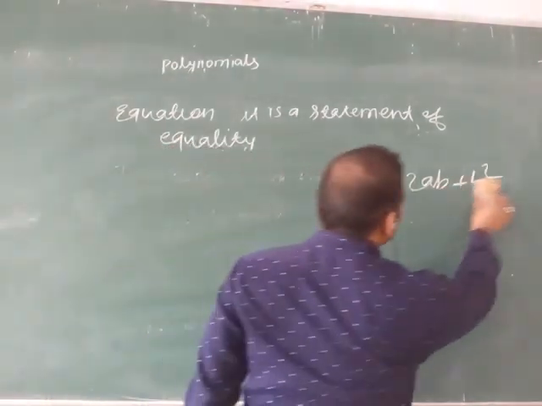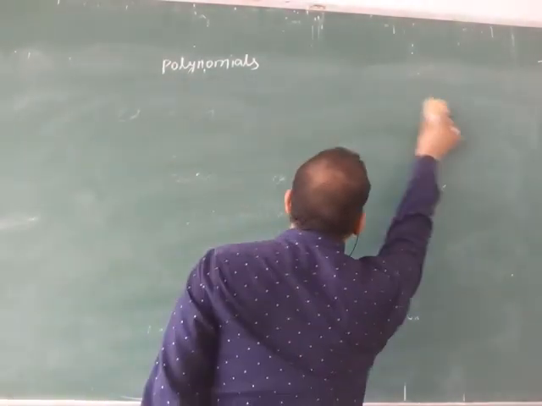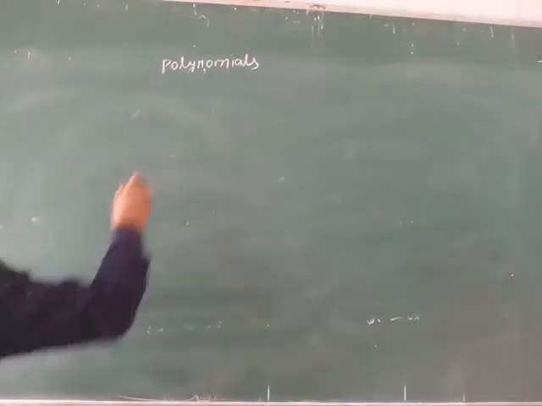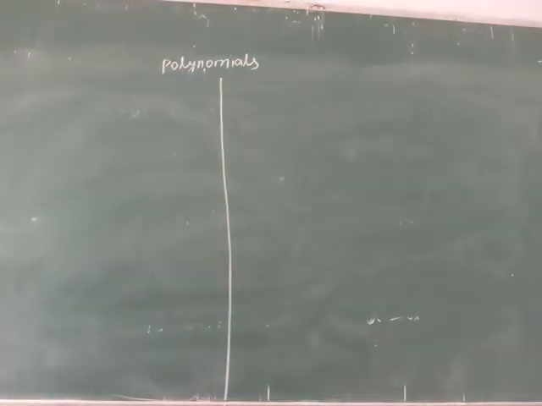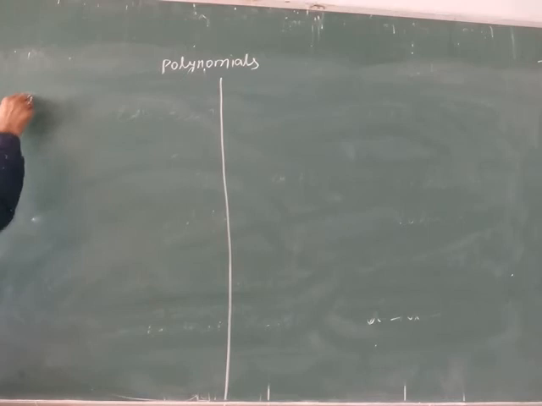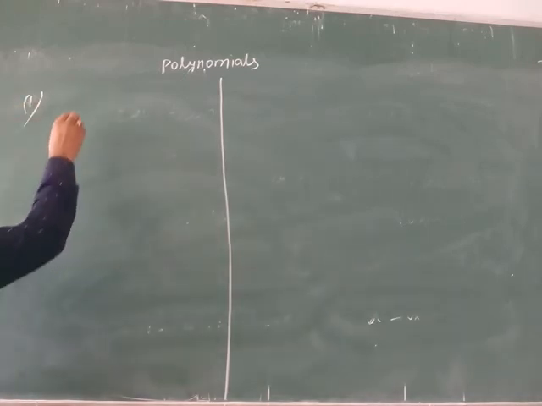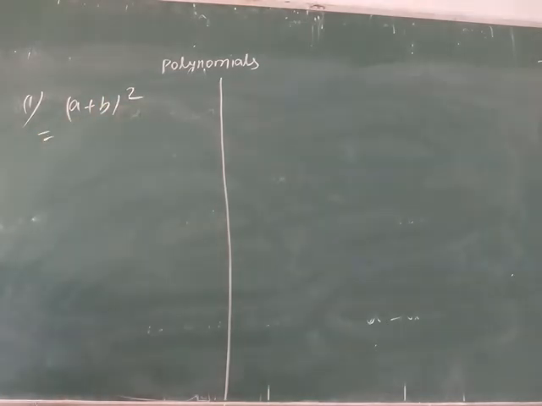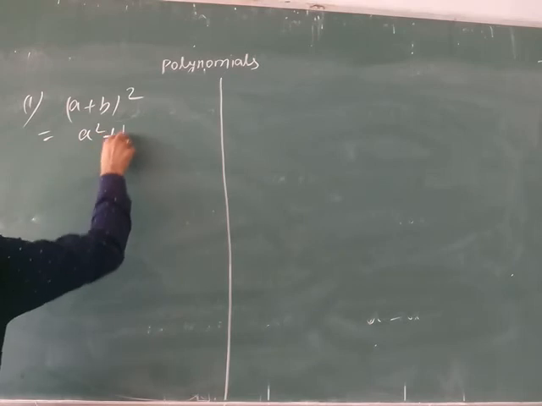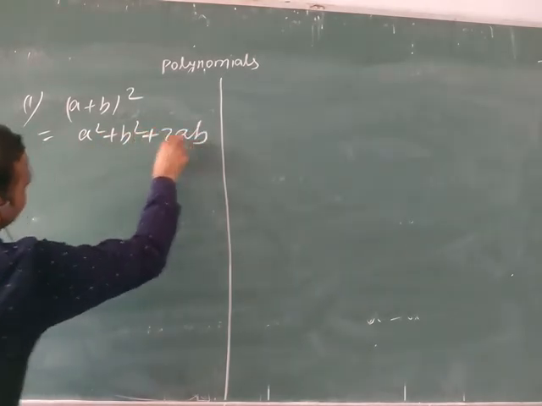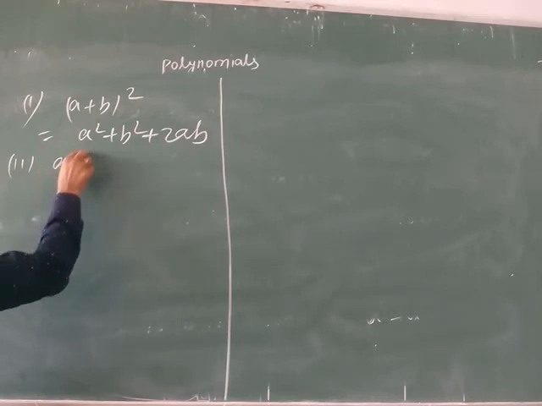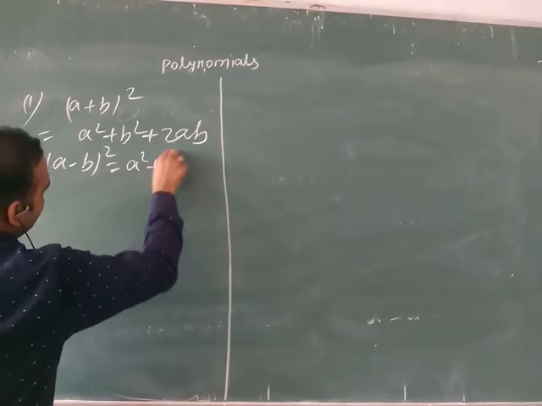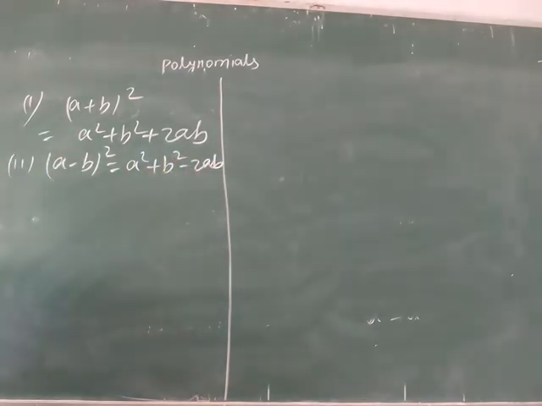Now I will write some identities and formulas. The first identity is (a plus b) whole square, that is a square plus b square plus 2ab. Second, (a minus b) whole square, a square plus b square minus 2ab.